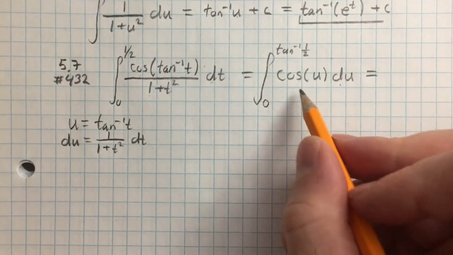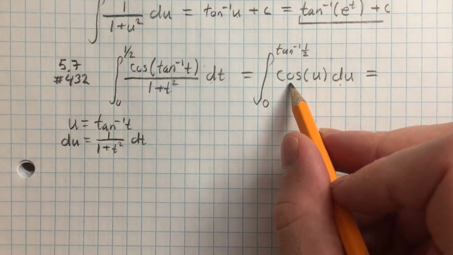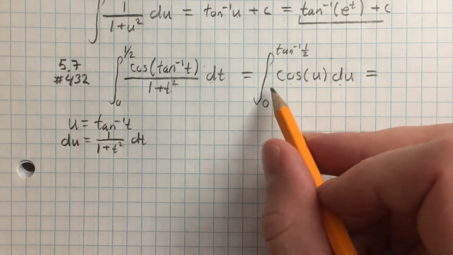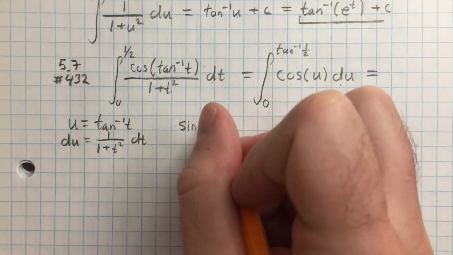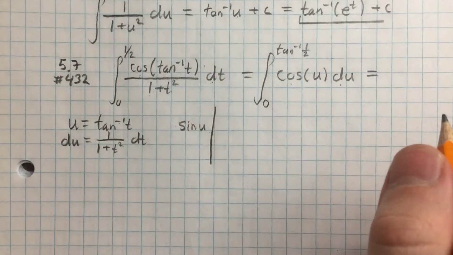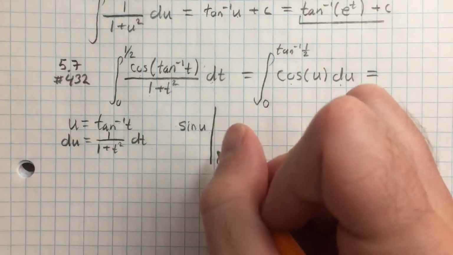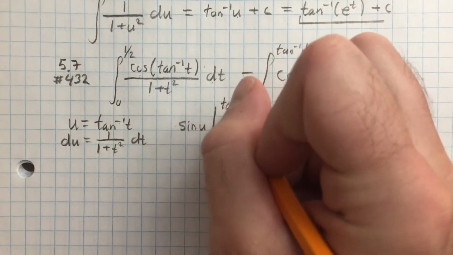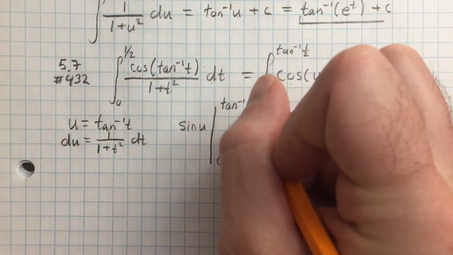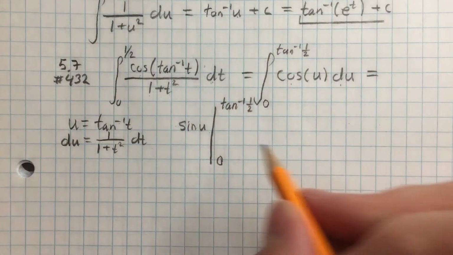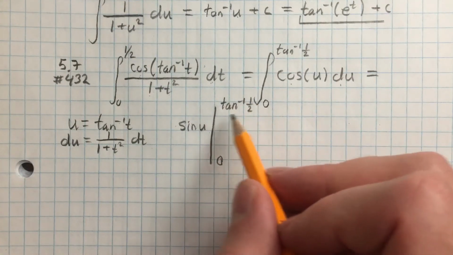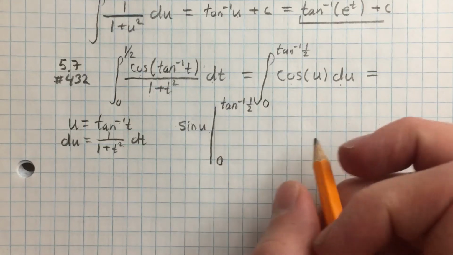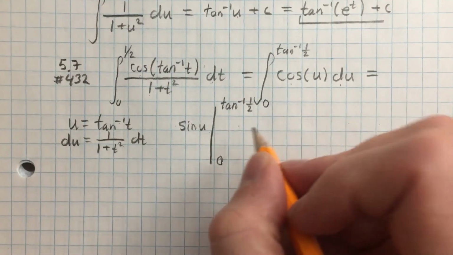Moving further. The antiderivative of cos is, of course, sine. So this is going to be sine u evaluated, according to the fundamental theorem of calculus part 2, at 0 and tan inverse of 1/2. All right, so this is looking a little strange at the moment that we have such an oddball limit of integration here, but it seems like it will work out.